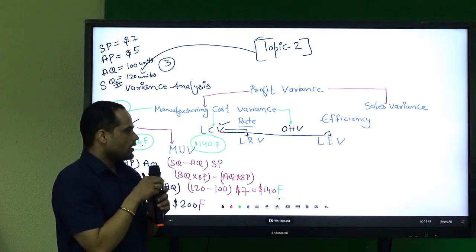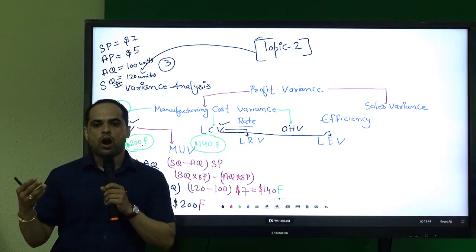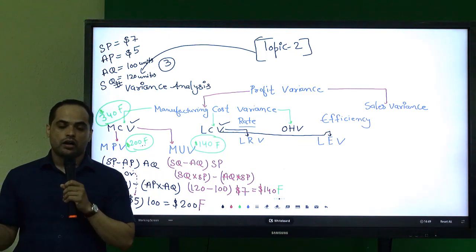Let's start with the labor rate variance. This is per hour, how much we're going to pay our workers.